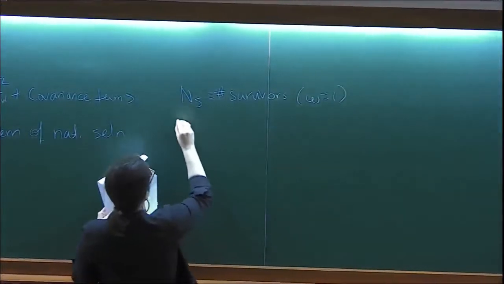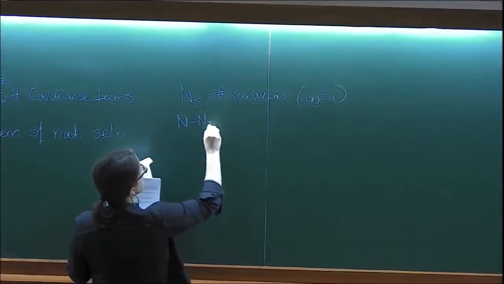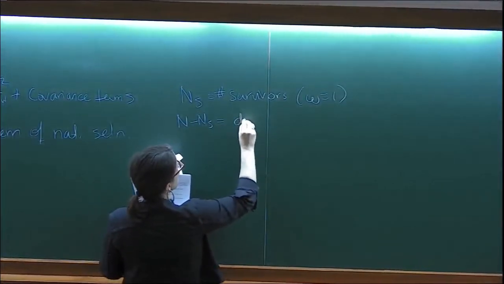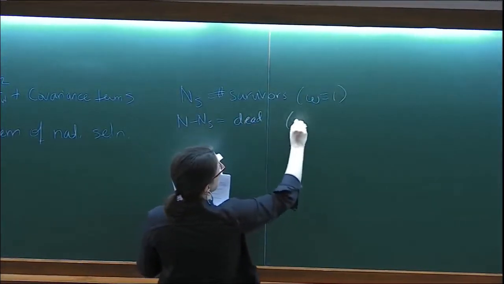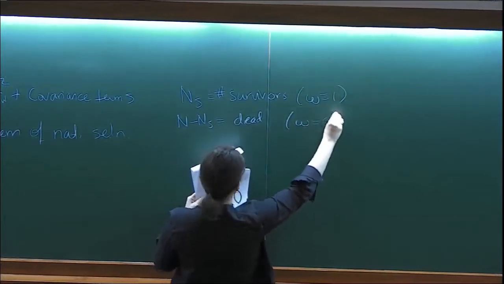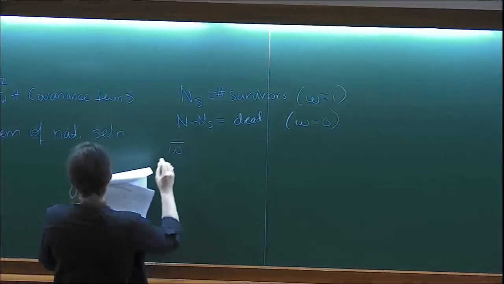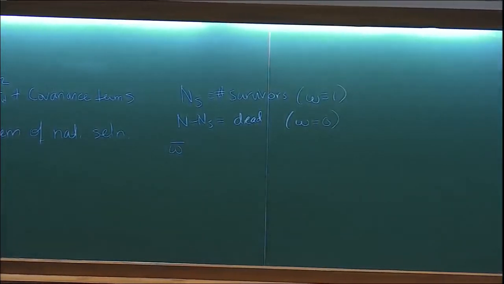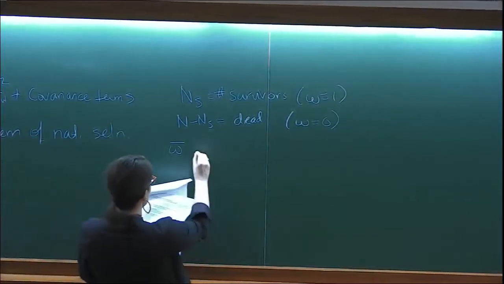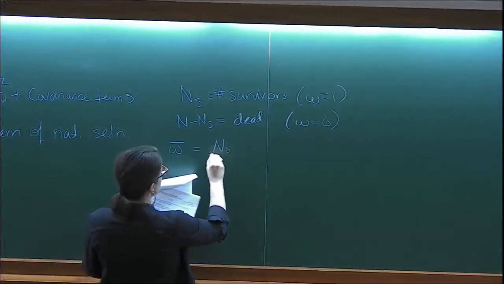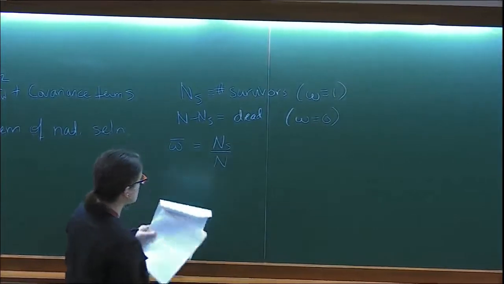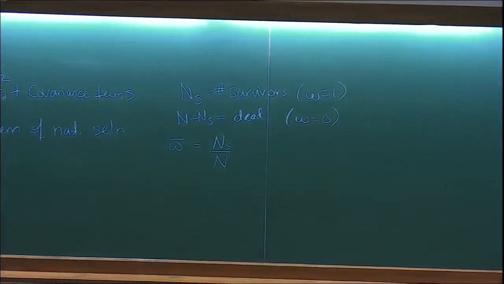And then obviously n minus ns are the dead, and they have fitness 0. Then the mean fitness is just the sum over the w's, which will just be the ratio of the survivors to the total population size. It's the proportion of the survivors. So this is a very simple case.